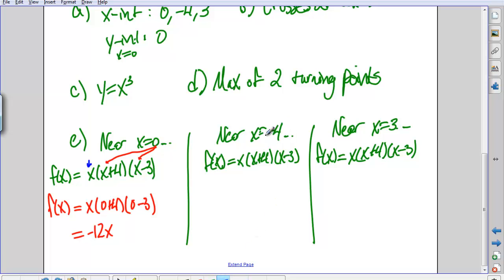Okay, the next question, x equals -4, which factor did that come from? That was this guy right here, the x plus 4. So I leave it alone. I plug in the -4 into the other 2 x's. Okay, so I get -4 times x plus 4 times -4 minus 3. -4 times -7 is 28.